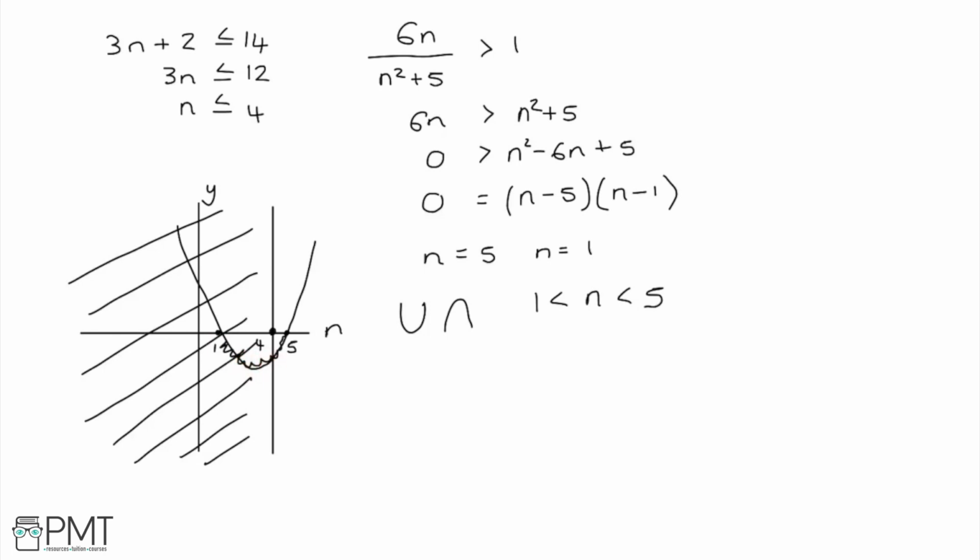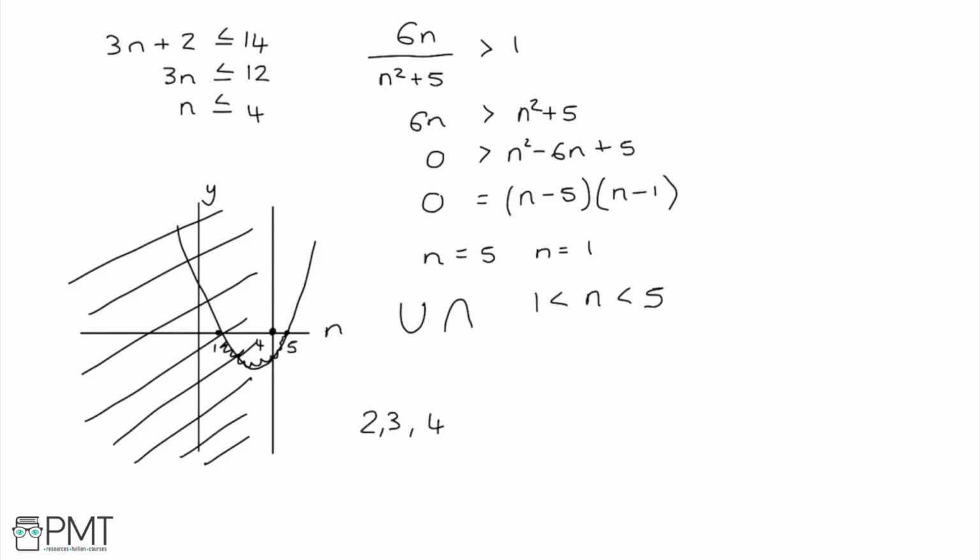And I remember that we're looking for integer values in this question. So if I go from 1 to start with, 1's not included because it's just the greater than symbol, it's not greater than or equal to. Moving up, 2 will be included, 2 is less than 4, so is 3. And then moving up still, 4 is going to be included here because it is less than or equal to 4, so we can include 4.